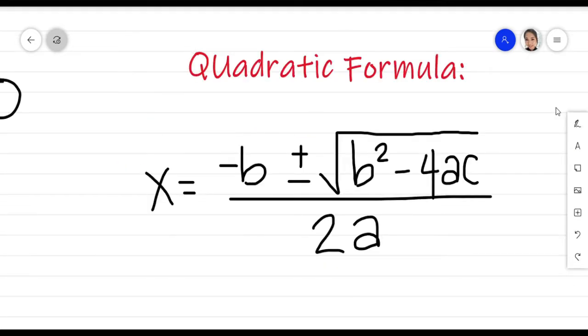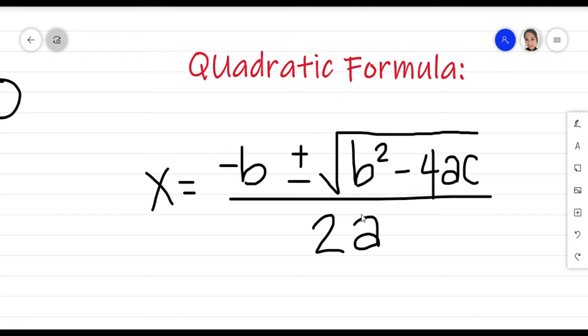So what then is the quadratic formula? The quadratic formula is given by this equation: x is equal to negative b plus minus square root of b squared minus 4ac over 2a. So a, b, and c are the coefficients of our quadratic equation. Again, the quadratic formula can be used to solve any quadratic equation.